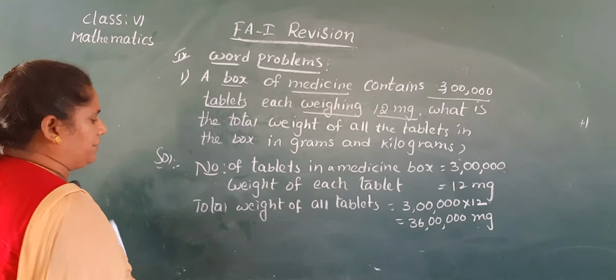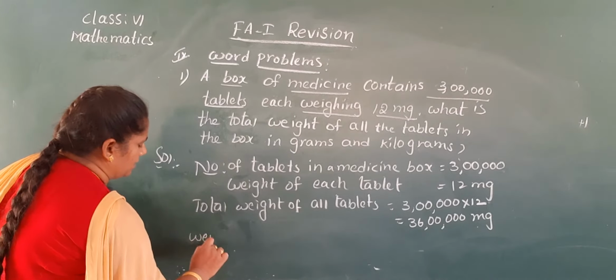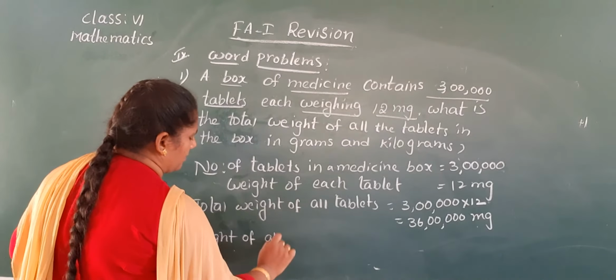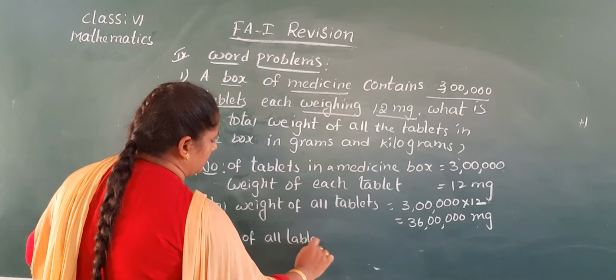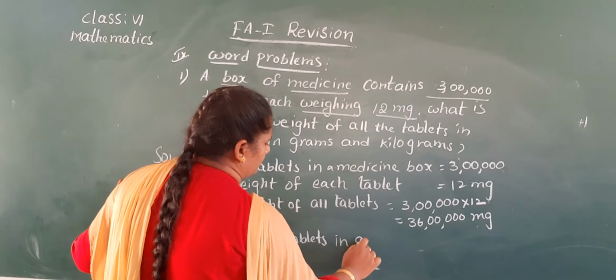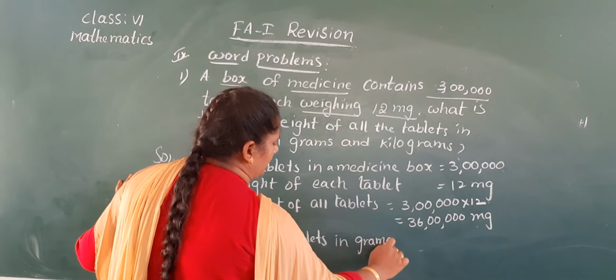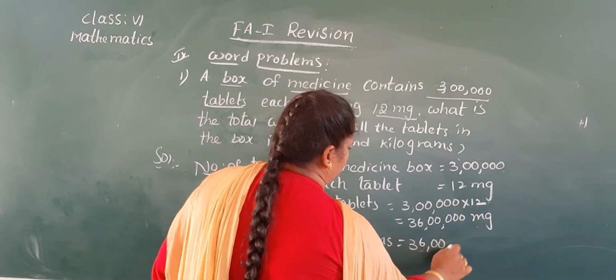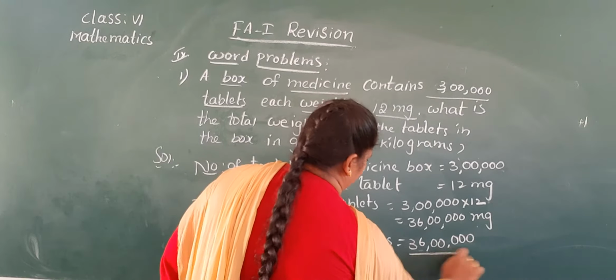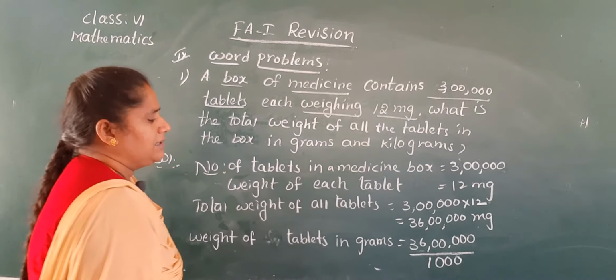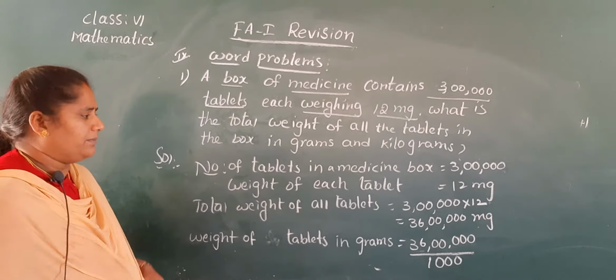So first we have to convert into grams. To convert mg to grams, we divide by 1000. Don't forget it, children. It's a very easy problem.